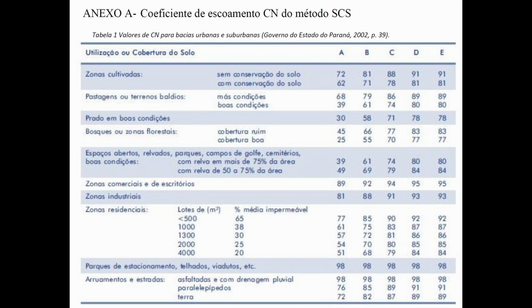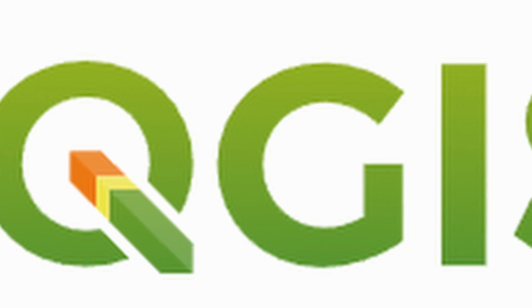The information on this table, which corresponds to the different curve numbers resulting from the combination of the human activity or occupation of that region and the hydrologic soil group, must then be matched with what we have in our map. For that, almost any GIS software can be used for this delimitation. For instance, QGIS can do that.